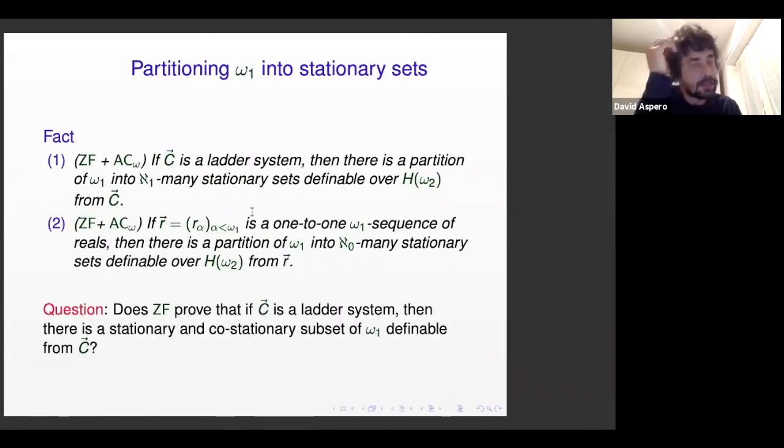So now let me move on to considering partitions of omega_1 into stationary sets, which is another thing you can get from a ladder system.